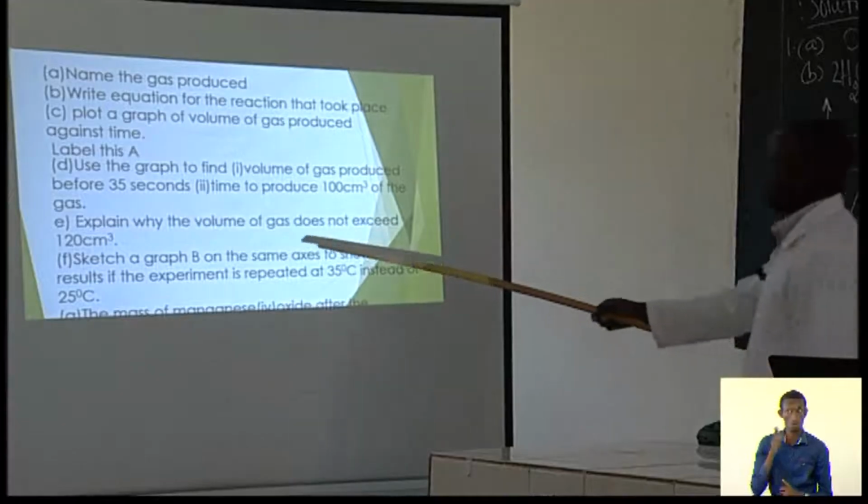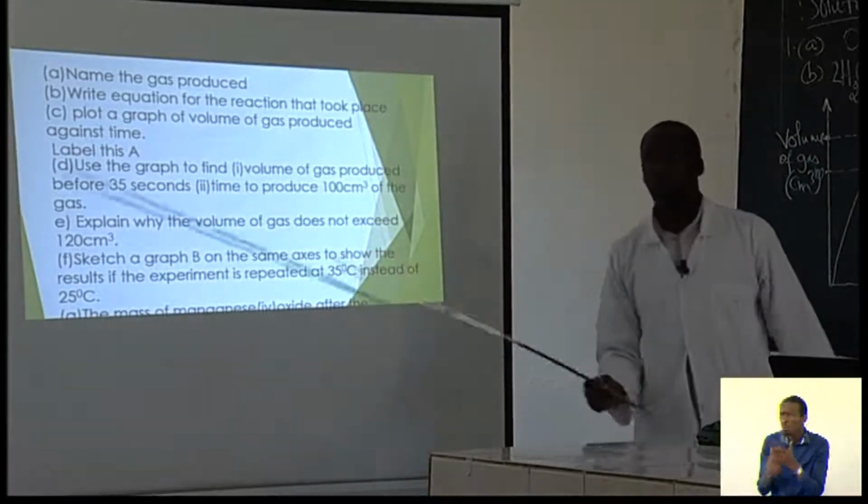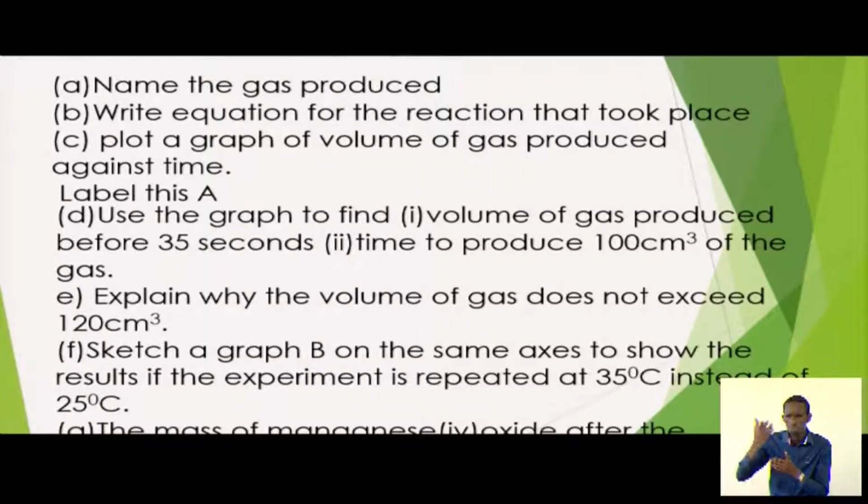Explain why the volume of gas does not exceed 120. So if you move along this line here, this is the maximum. And I'm assuming this is 120 cubic centimeters. And then we're saying, why doesn't it exceed 120?